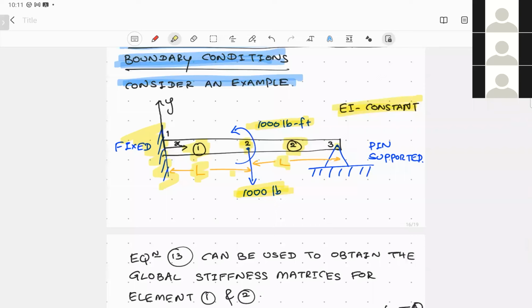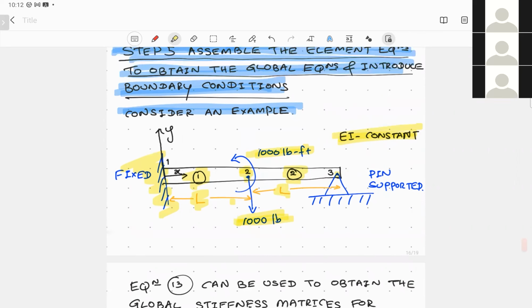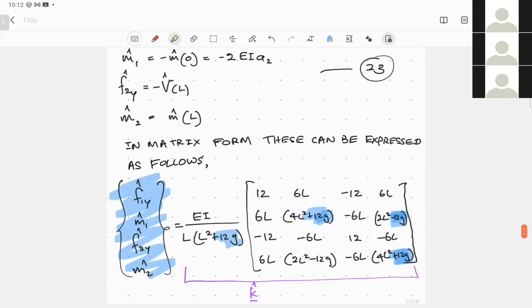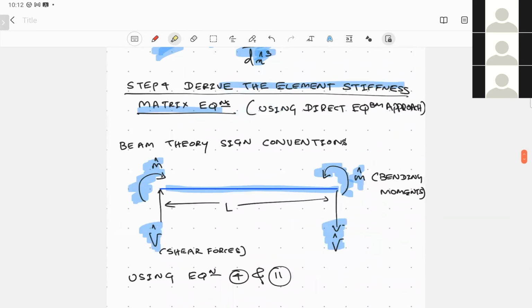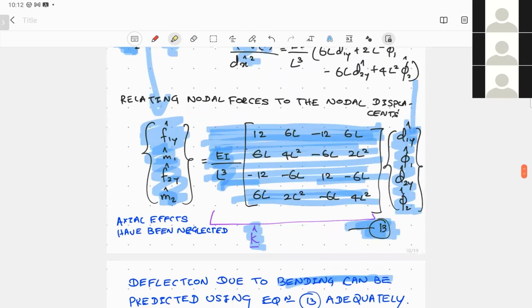So how are we going to tackle this problem? We write down the element stiffness matrix for each element, element 1 and element 2, based on the equation which we just derived, which is nothing but this equation number 13. This is the element stiffness matrix for a beam element.